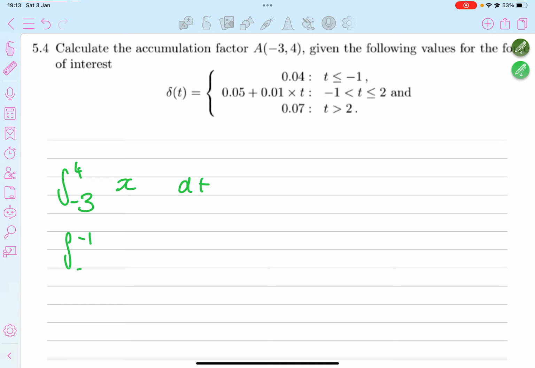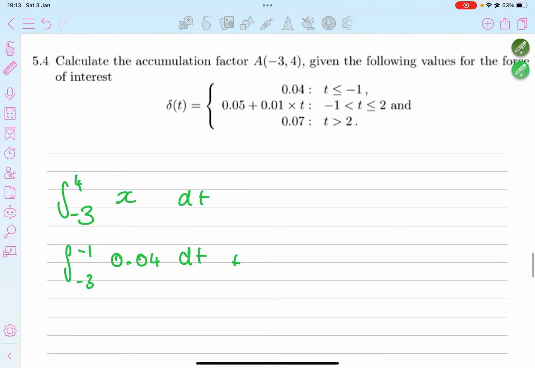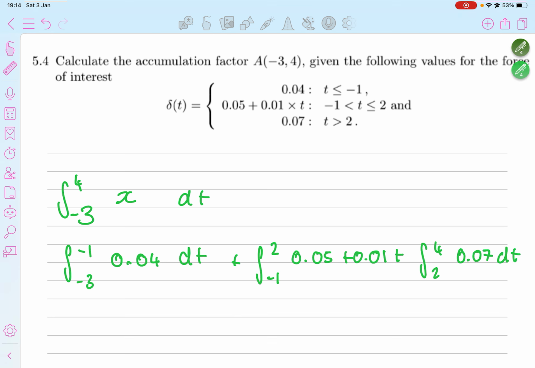So minus 3 to minus 1, it's 0.04. And then we'll have to sum these as well. And then between minus 1 and 2, 0.05 plus 0.01t. And then t bigger than 2, so that will be 2 to 4, because that's what we need, 0.07 dt.